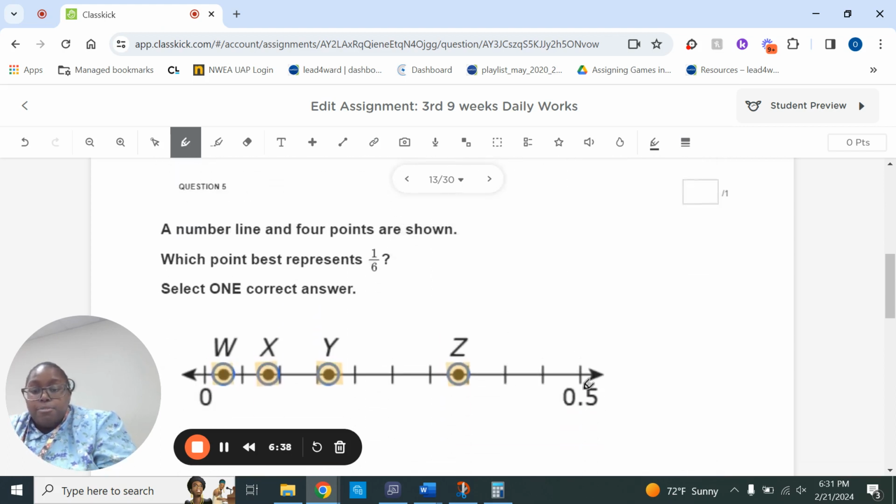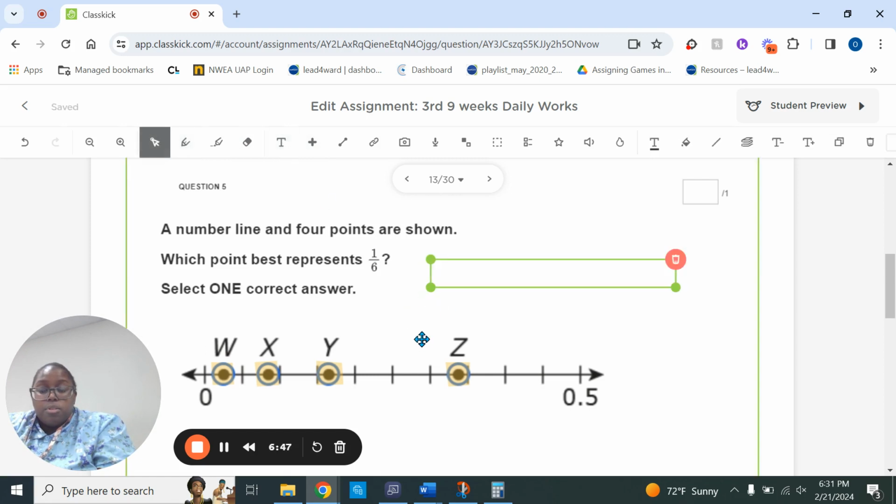Number 5. So read the problem and identify what you are looking for. Point 16.